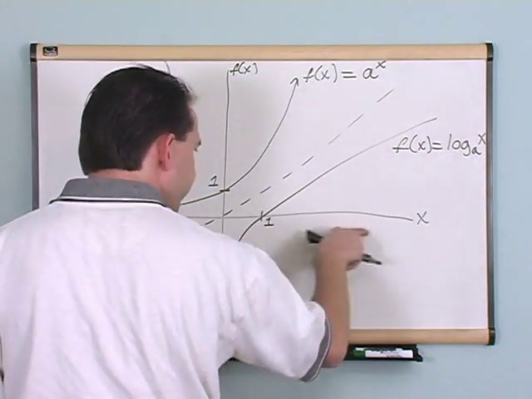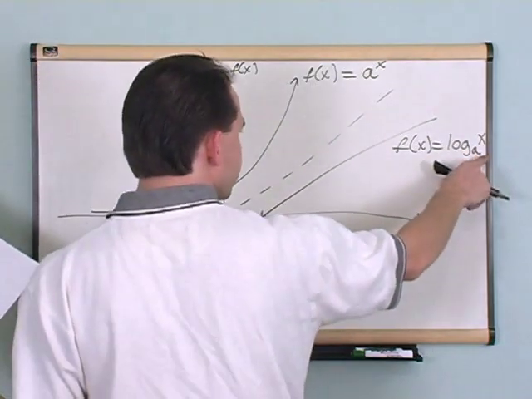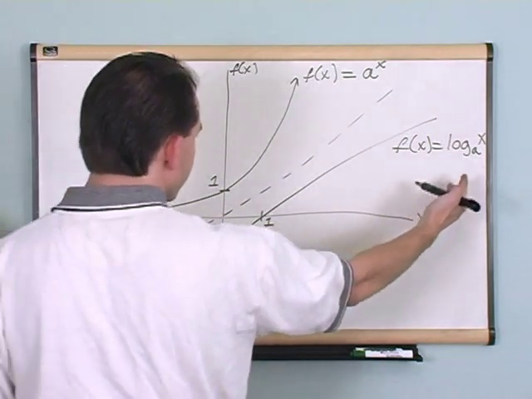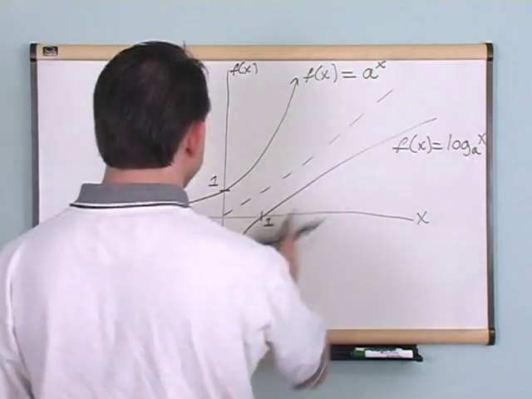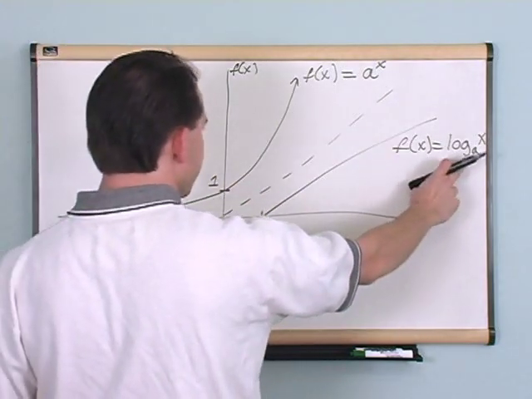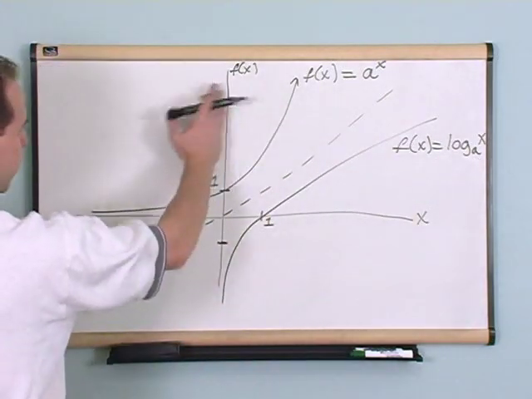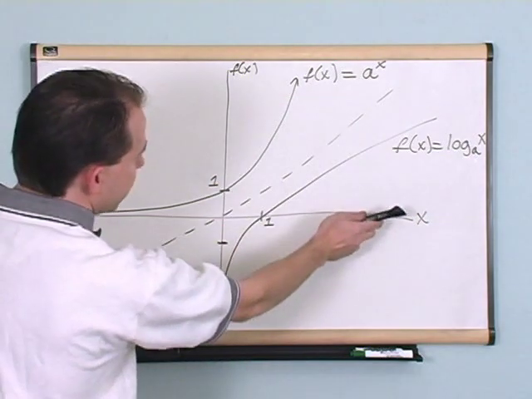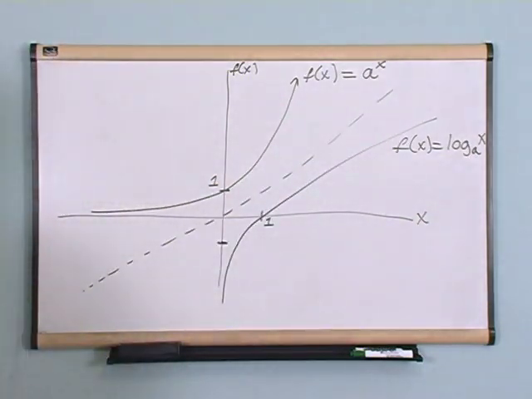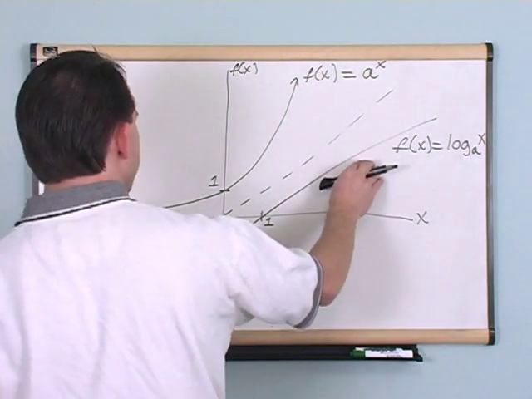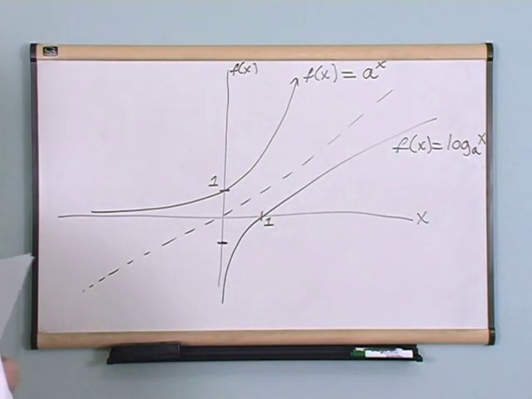So as you plug in numbers of x here into this formula, and you've defined what base you're working with, it could be base 10, base e, whatever, you're going to get a line that looks like this. The exact shape of that line is going to depend on the exact base you use, just like it does for the exponential. So it might bend a little bit down or a little bit up, but it's going to look essentially like this. So just remember that the logarithm is a mirror image of the exponential.